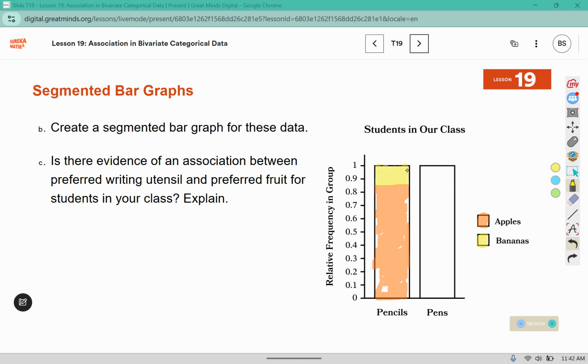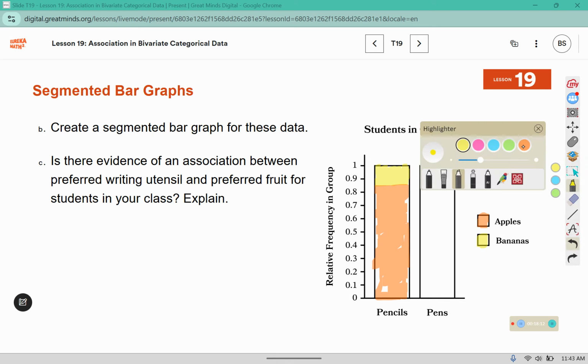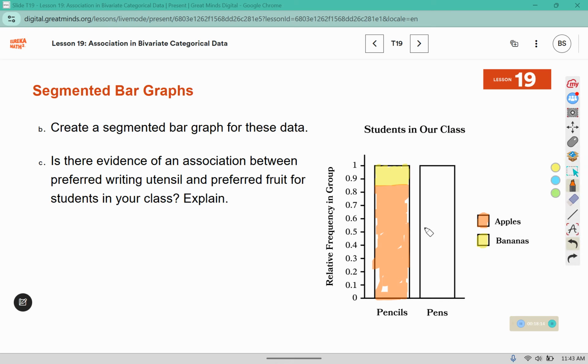Each of these is 0.1, so 0.17 is almost 0.2 worth. For apples with pens, we had 0.56, which is almost a 0.6. And then 0.44 for the bananas, so just under half.